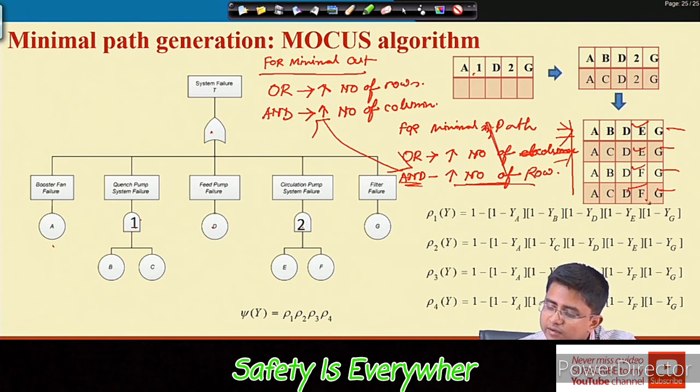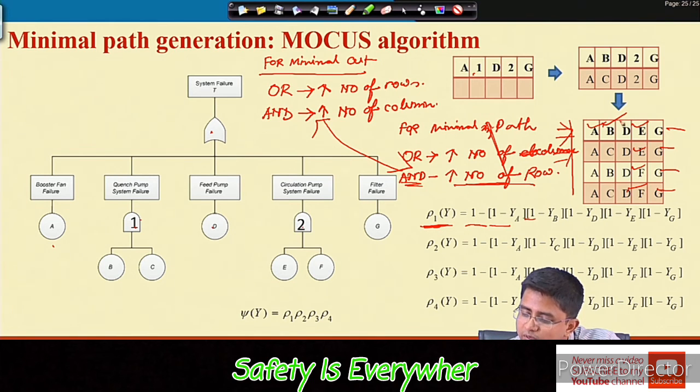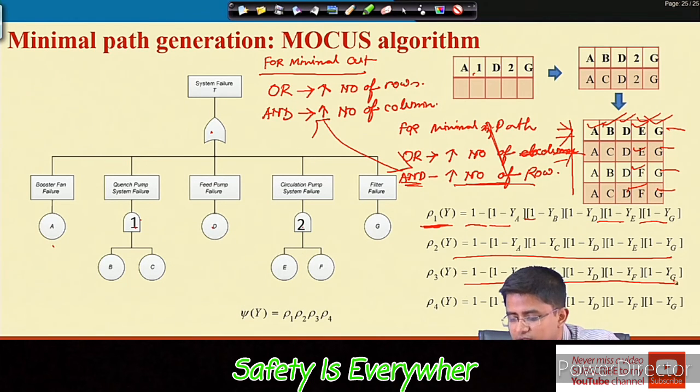So, when you get the path sets, you can write that your row 1 is nothing but 1 minus y A, 1 minus y B for every path set, 1 minus y D, 1 minus y E, 1 minus y G. Then for the second path set you write this, for the third path set you write this, for the fourth path set you write this.